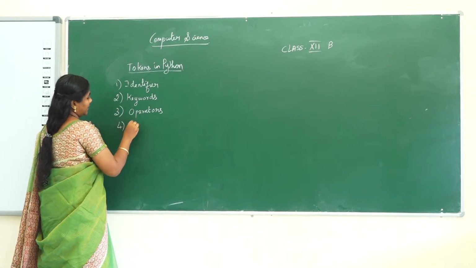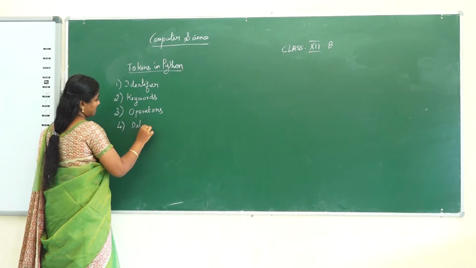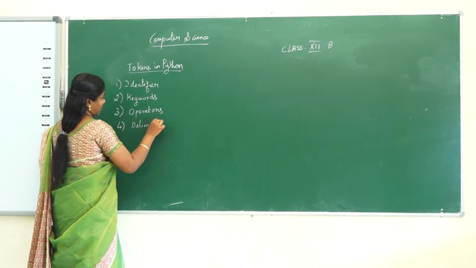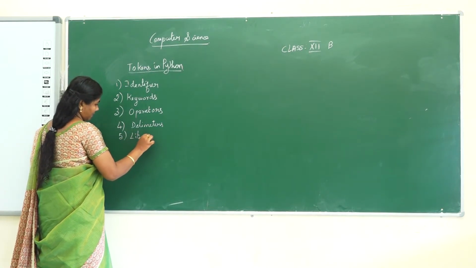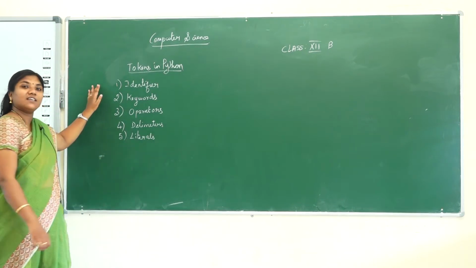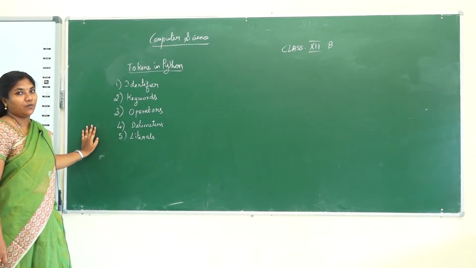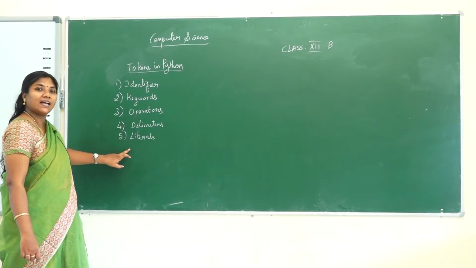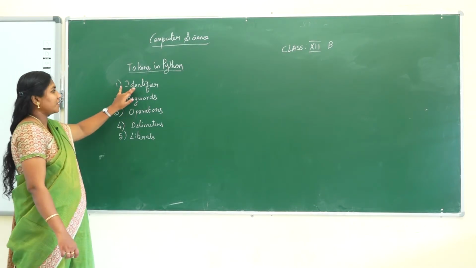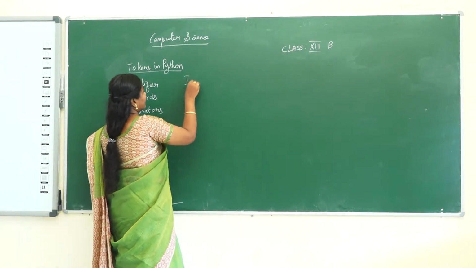Fourth one, delimiters. Fifth one, literals. So these are the five tokens in Python: identifiers, keywords, operators, delimiters and literals. First, we will see about identifiers.